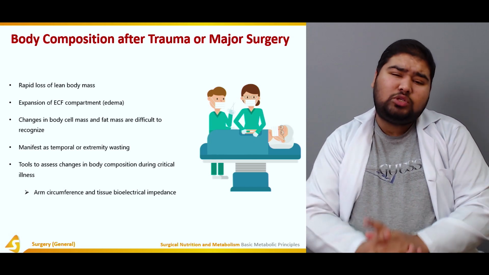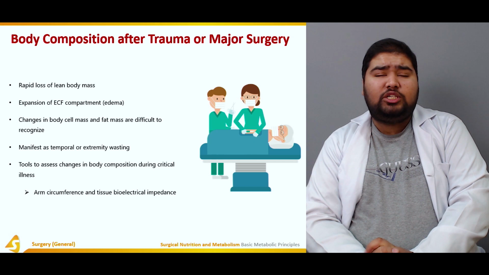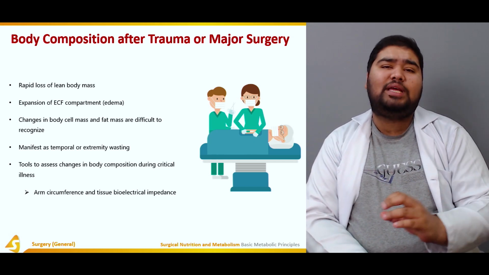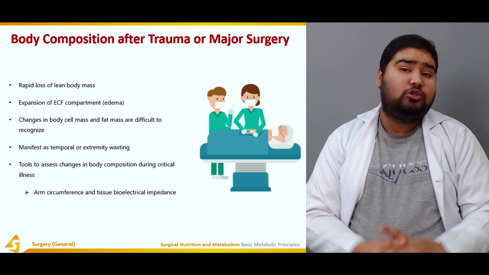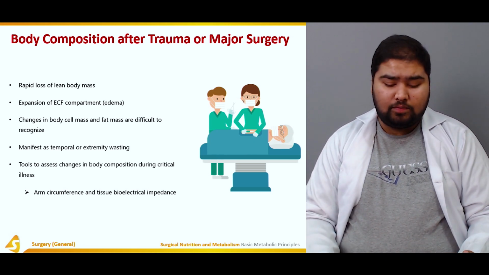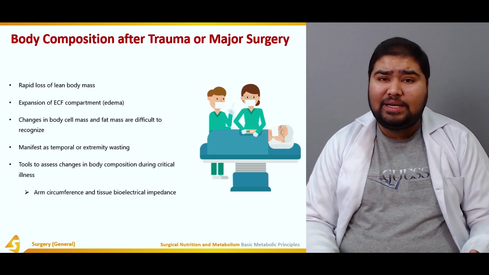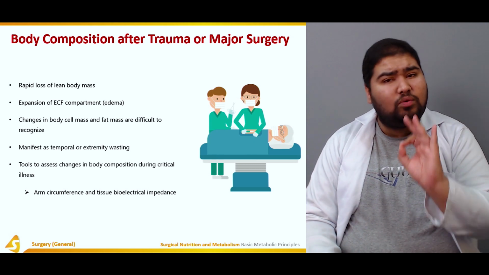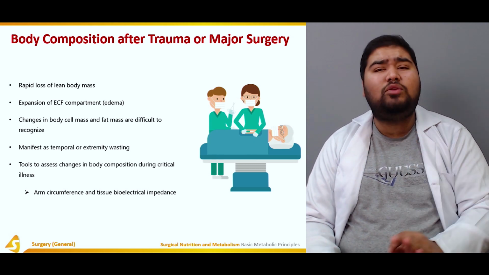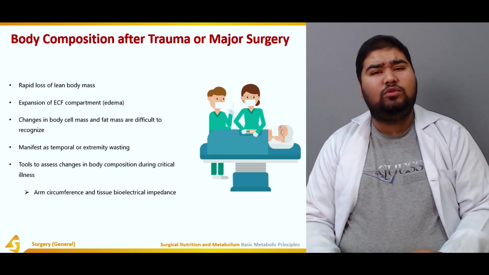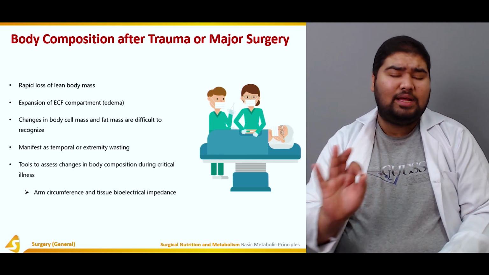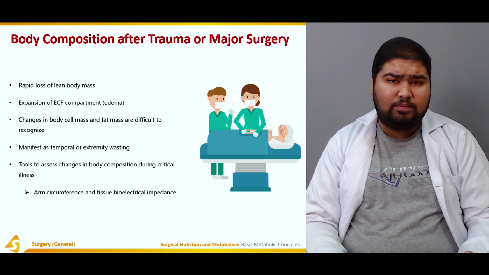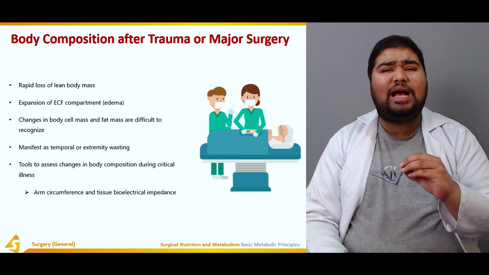There are various tools to assess these changes in body composition during critical illness. Now, these tools are only used in the critically ill patients, who would be present in a high dependency unit, in critical care. These tools would be used only in these patients, and even in those patients, a selected few of these assessment methods would be used, because we know this is happening.